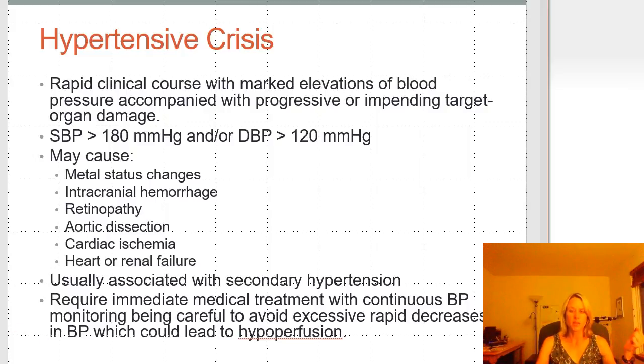This is more common in secondary hypertension. And this requires medical treatment with continuous blood pressure monitoring, being careful not to suddenly decrease blood pressure, which could lead to tissue hypoperfusion.